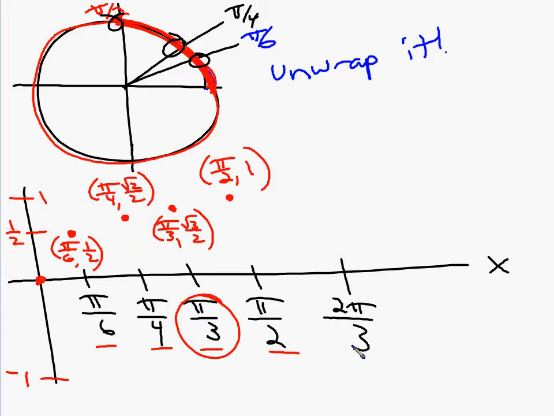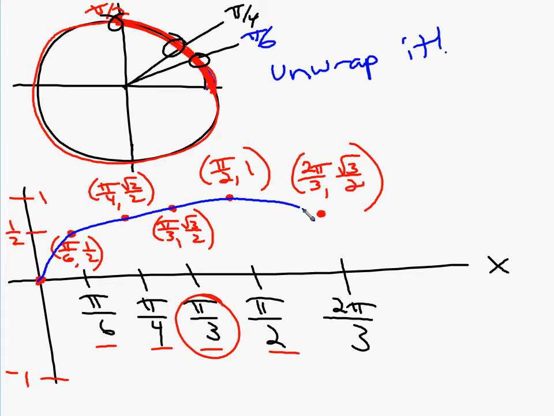Should be radical 3/2. So look, we start coming back down now. The sine of 2 pi thirds has coordinates 2 pi thirds, radical 3/2. And we can start to see the sine curve take shape. Now let's add a point over here. The sine of pi is what?